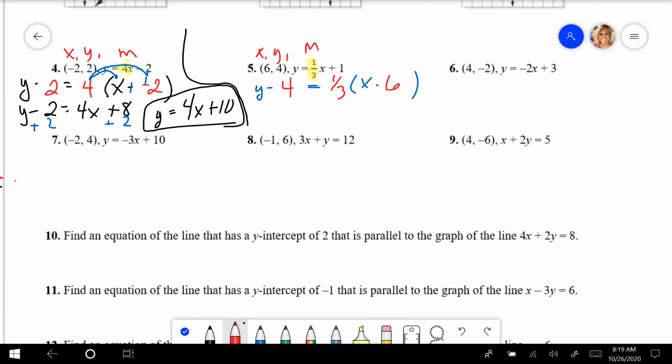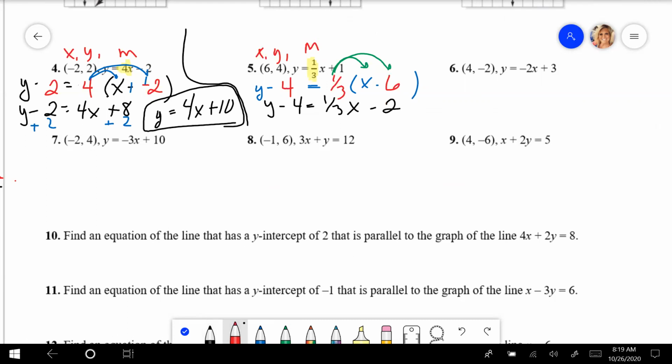Now it said to put it in slope-intercept form, so I need to do the multiplying now. So I'm going to multiply right here. I get y minus 4 equals 1/3 x, and 1/3 times negative 6 is negative 2.